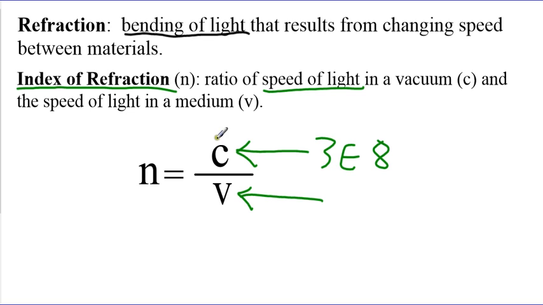And so what you should notice here is we should always have the greatest value on top, our c, so that means that our v should always be less than the speed of light in a vacuum, because that's going to be the fastest that light can go, which means that all of our values for n should be positive, first of all, and should be greater than 1. So 1 or greater are the values.